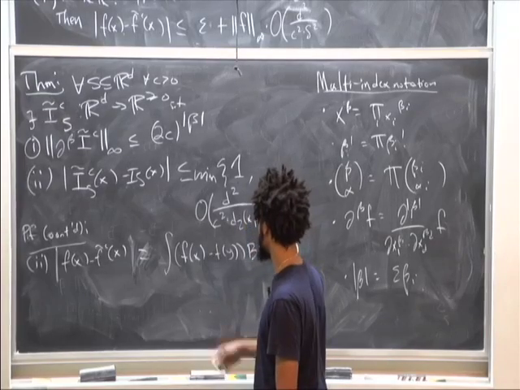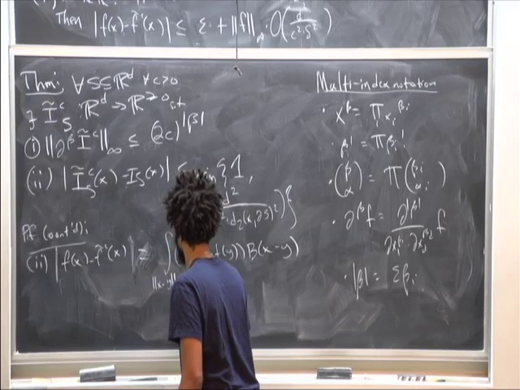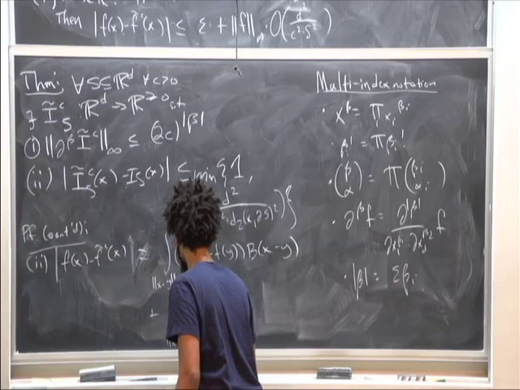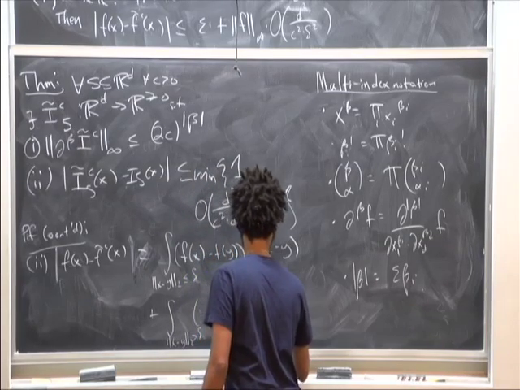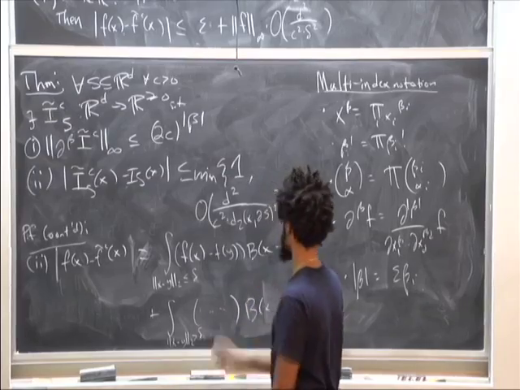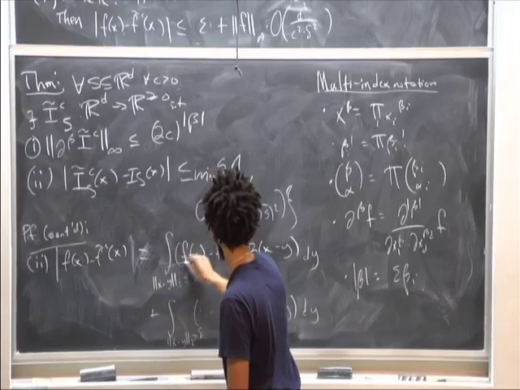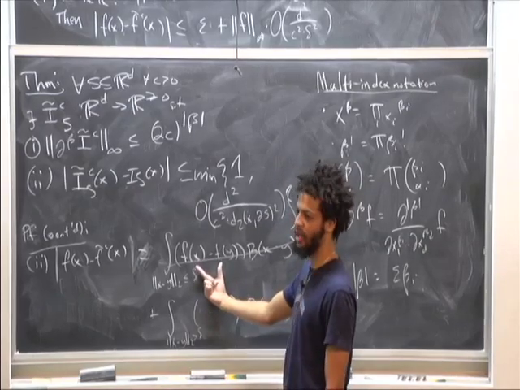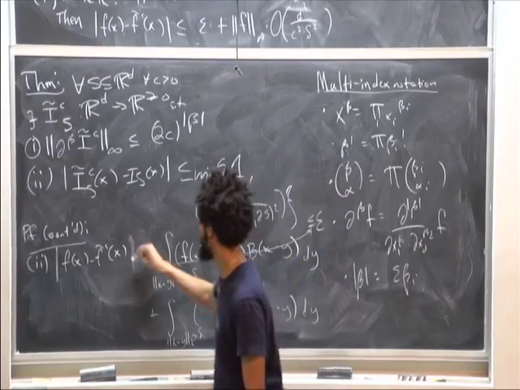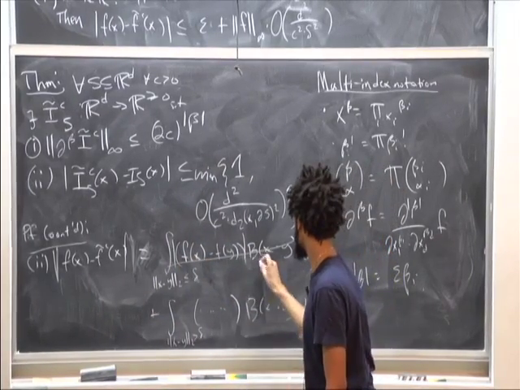And then I'm going to split the region of integration between x minus y is small plus x minus y is large. The top part here is at most epsilon, right? Because these are always at most epsilon in magnitude. And this integrates to 1. And then this is b sub c.